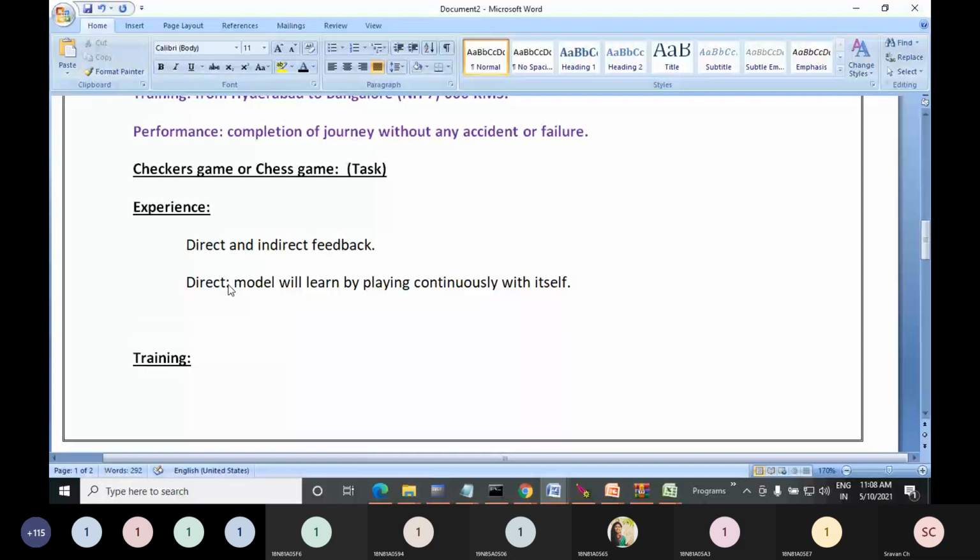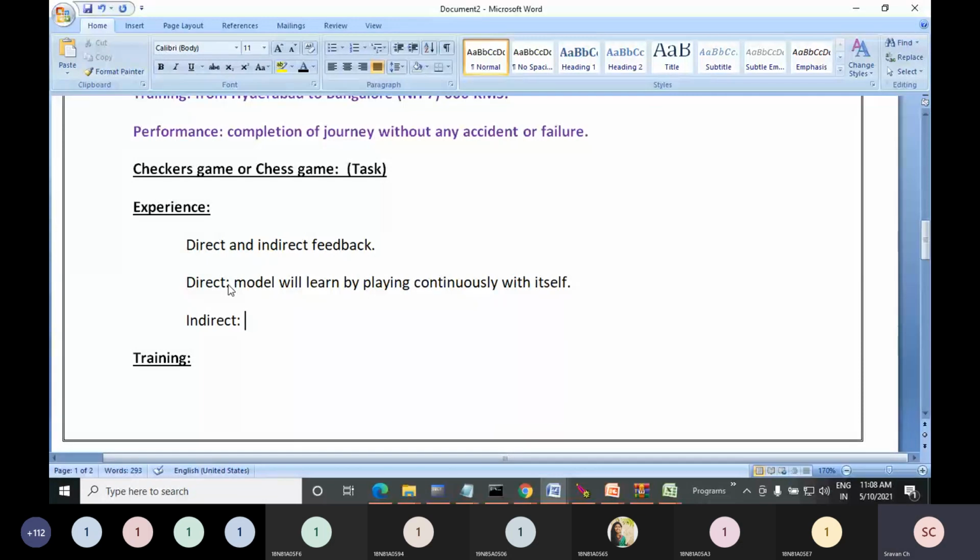Another one is the indirect method. Indirect method means previously, when two human beings were playing the game, I will try to take the data from the people who have won the game.